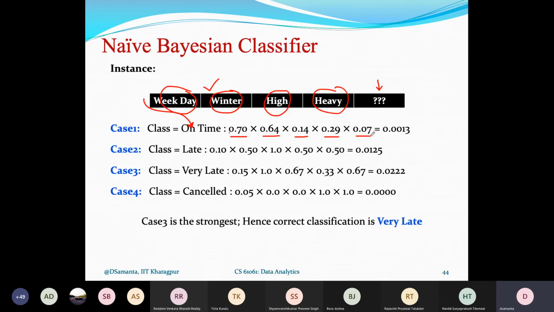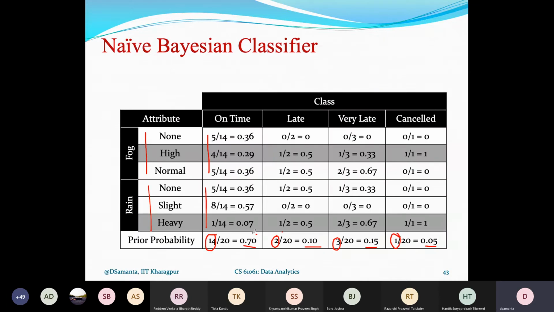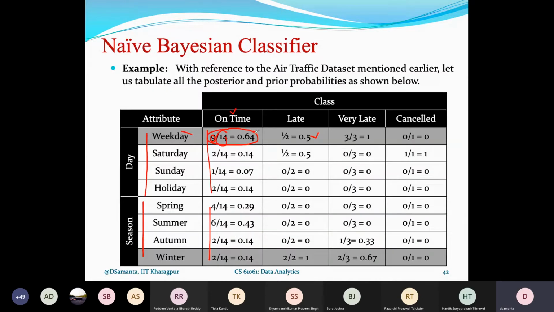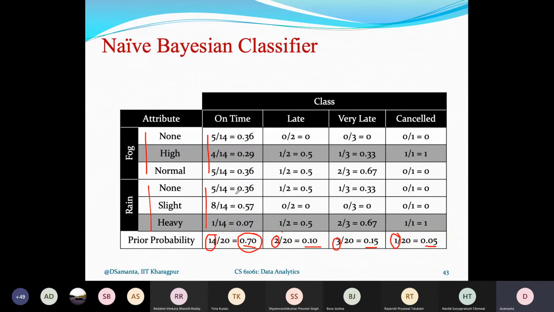I can go to the table again. So this is the prior probability for on time, and the day is weekday, 0.64, and season is winter, 0.14, and then fog is high, 0.29, and then rain is heavy, 0.7.